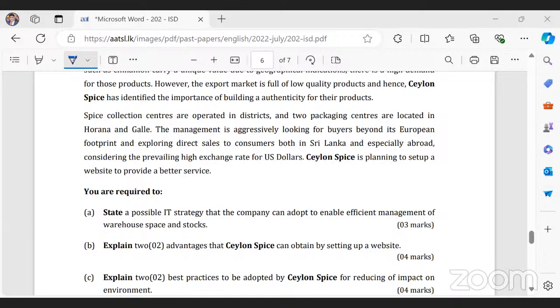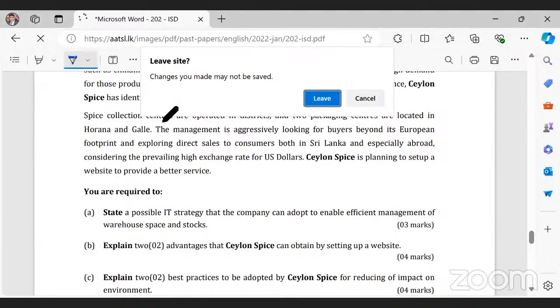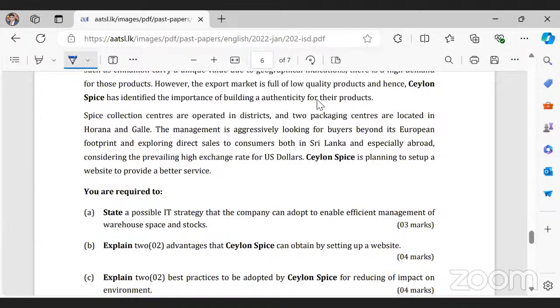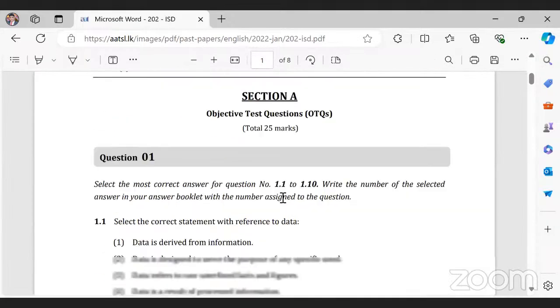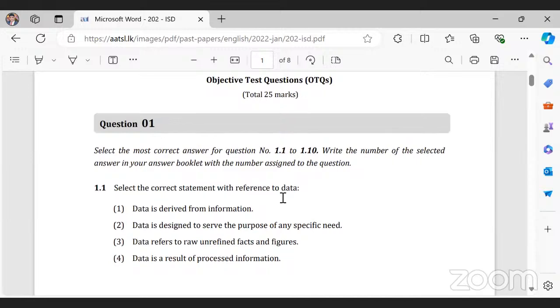This is the January 2022 paper. We'll try to answer these MCQ sections till 9.